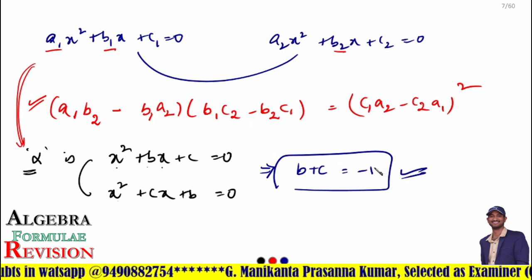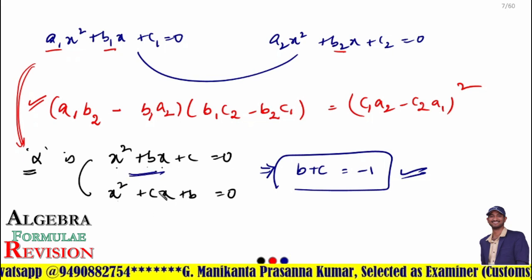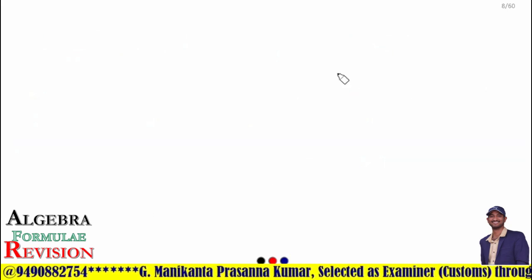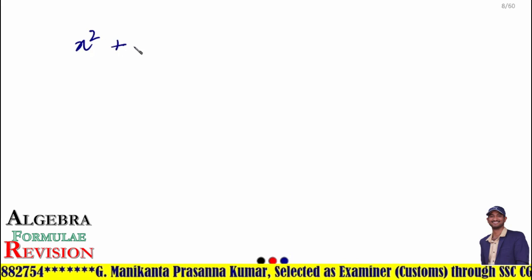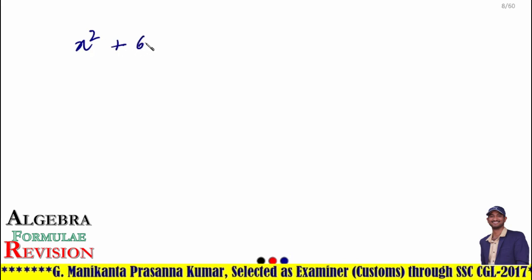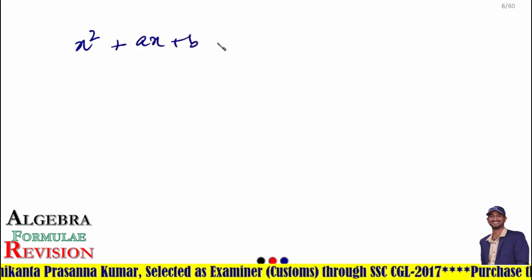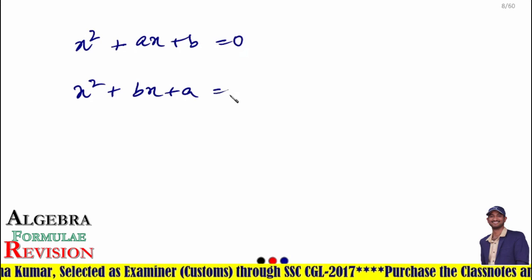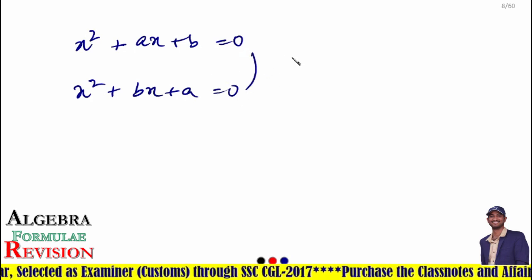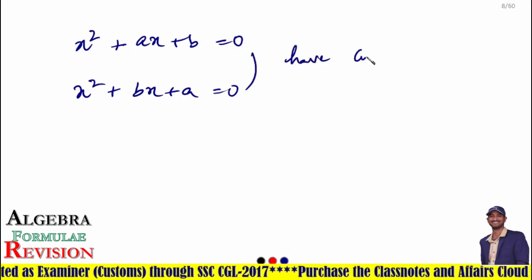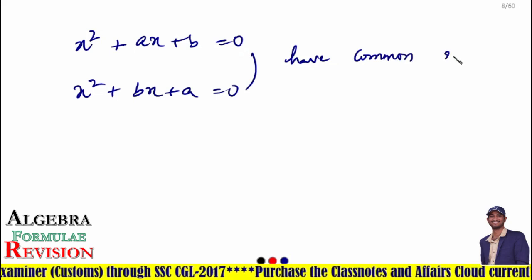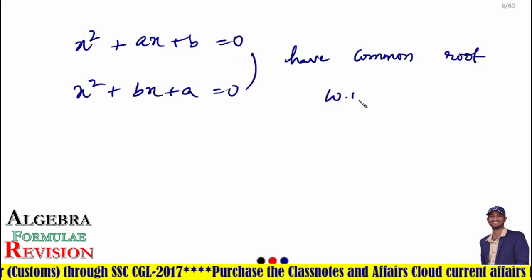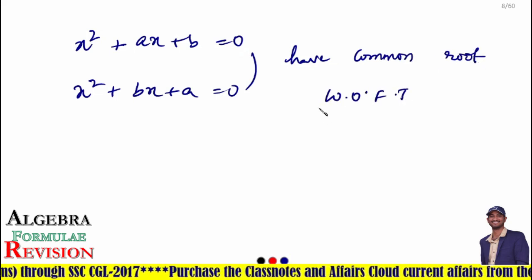Suppose in the examination, x square plus ax plus b is 0 and x square plus bx plus a is 0, if these two equations have a common root, then which of the following is true?